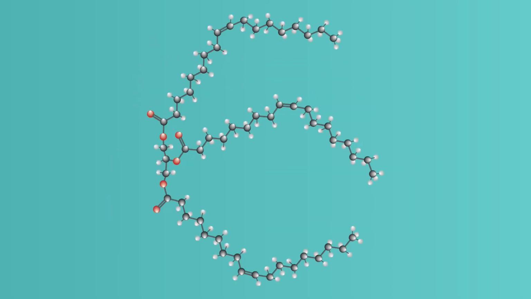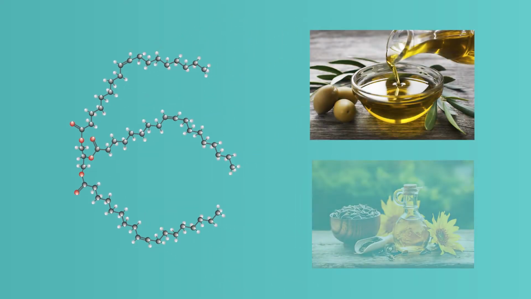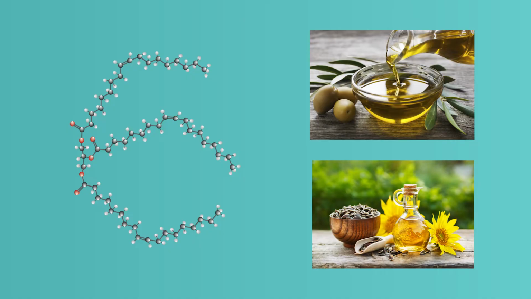Now let's look at a triglyceride molecule, which contains unsaturated fatty acids. The double bonds result in kinked chains, which cannot pack together as easily as saturated fats can. This leads to unsaturated fats being liquids at room temperature. For example, olive oil and sunflower oil are unsaturated fats and are liquid at room temperature.